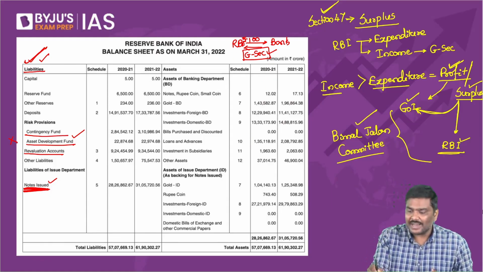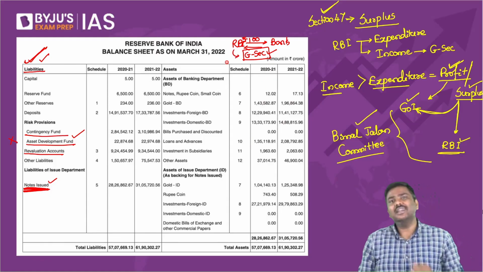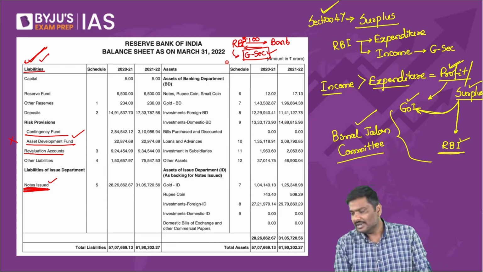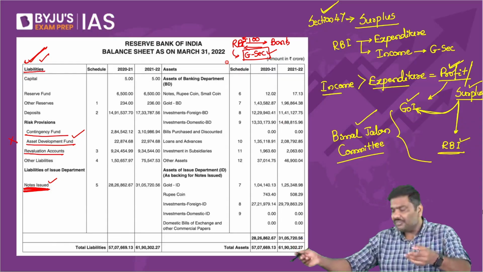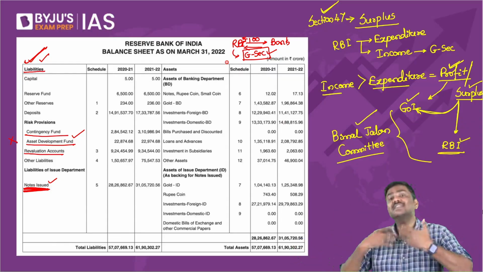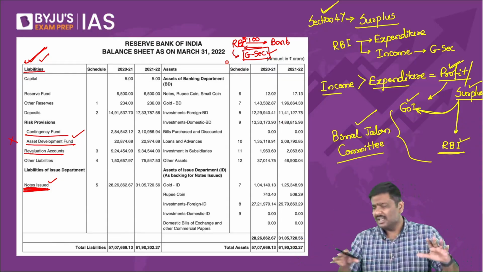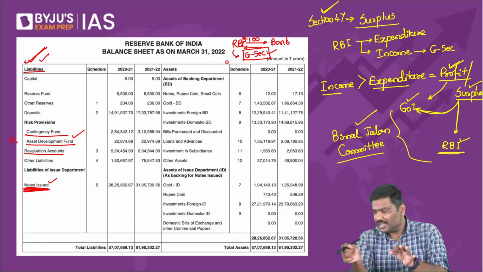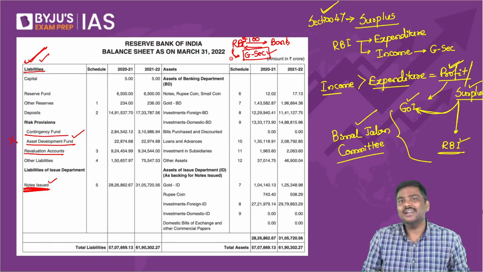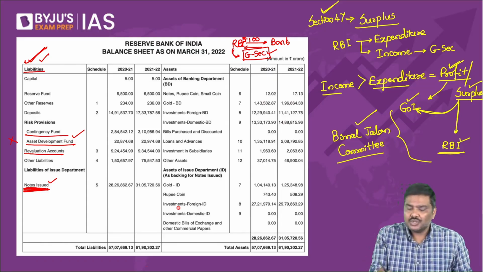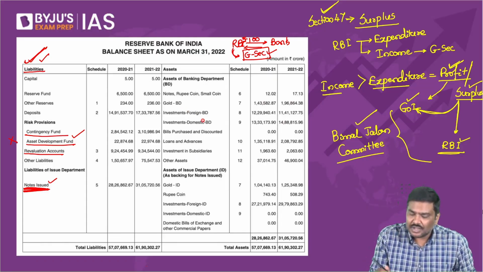Now for the Reserve Bank of India, a G security is an asset. Any problem? Asset means anything that will fetch you returns. Very simple. So RBI has collected 100 rupees worth of G security.